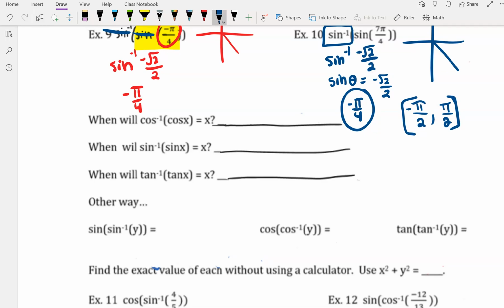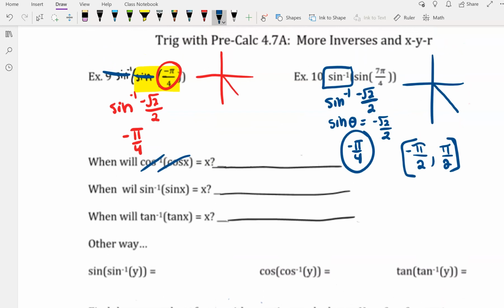You will be able to cancel out cosine and inverse cosine of x if your numbers are between 0 and pi inclusive, meaning including 0 and pi. And the reason is because your principal values are between 0 and pi for cosine.